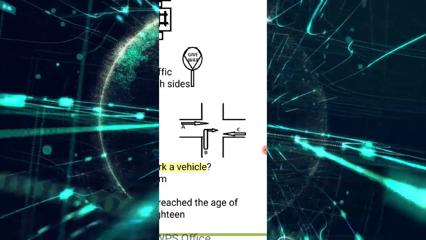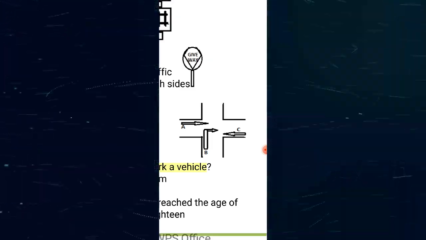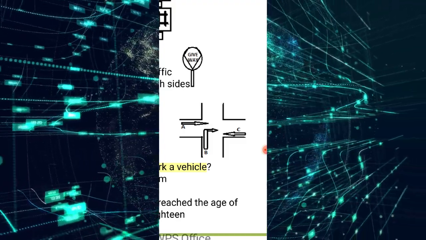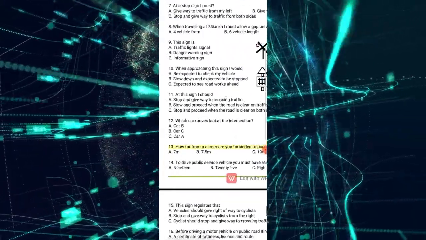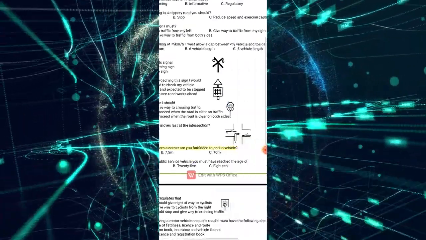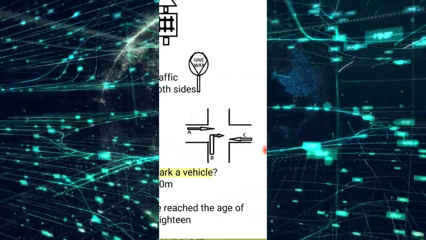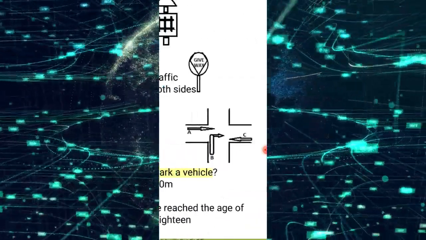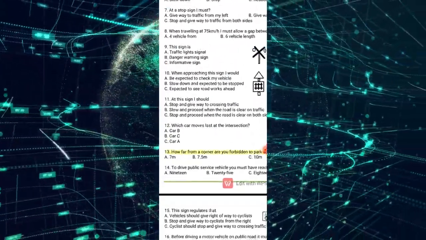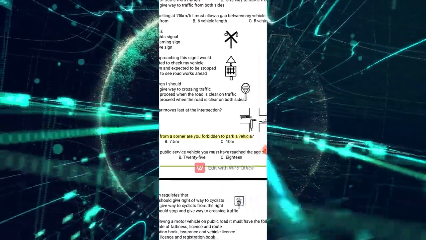Because car C is the one that is moving first, when C moves to the center, A will take advantage. So C and A move at the same time. The car that moves last at this intersection is car B, because C and A move at the same time. Then car B is the one that will move last.